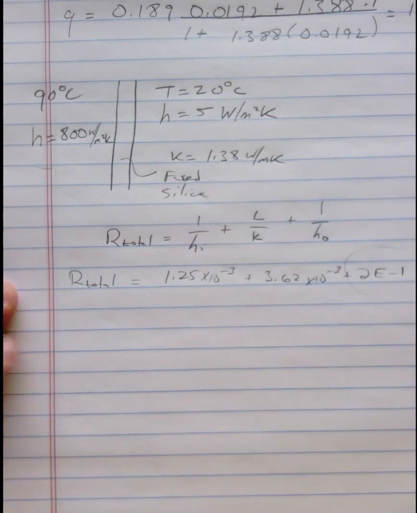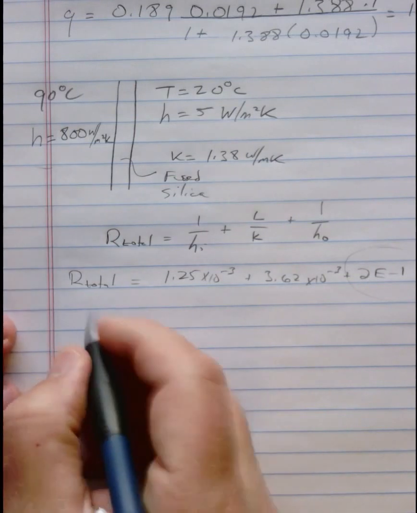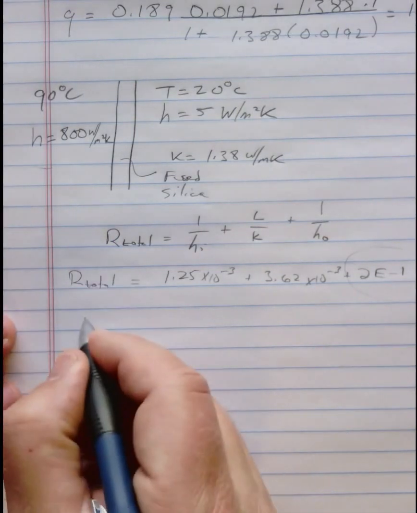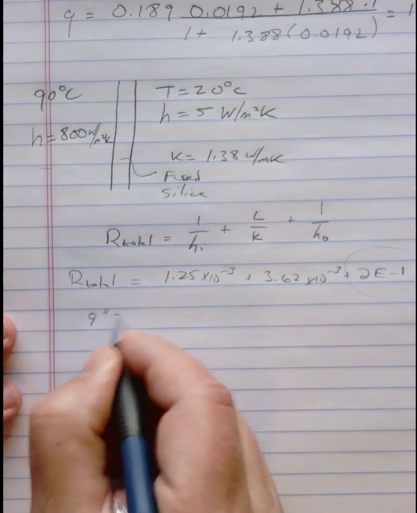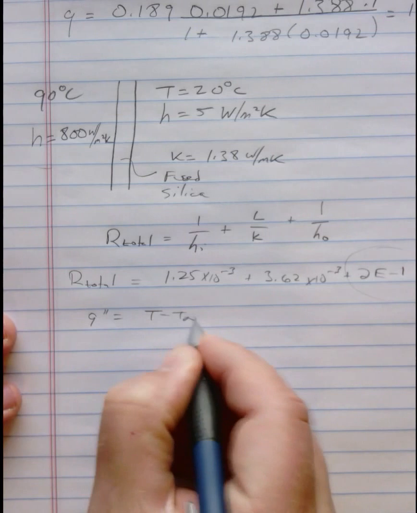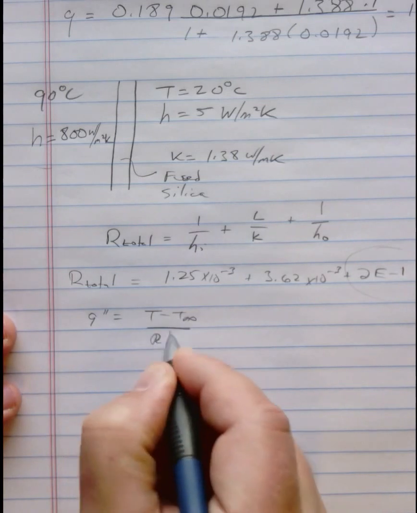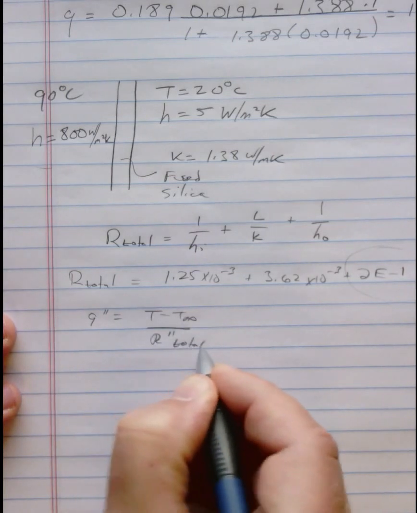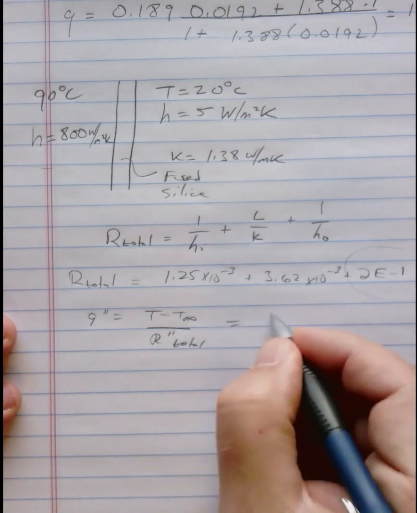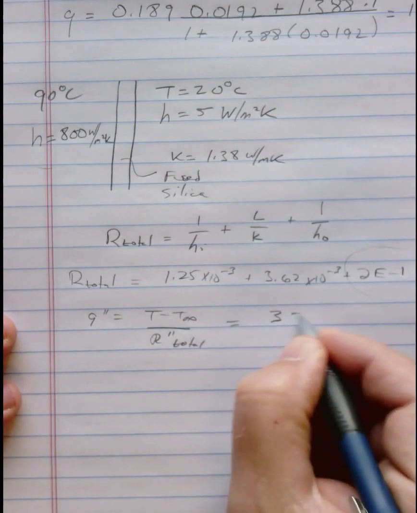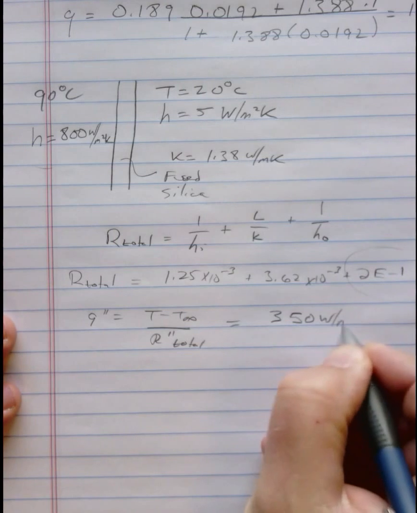This is our big resistance, and this is going to dominate the problem. And when I put all that together, and I note that q double prime is equal to T minus T infinity over R double prime total, I get that my heat flux is equal to 350 watts per meter squared.